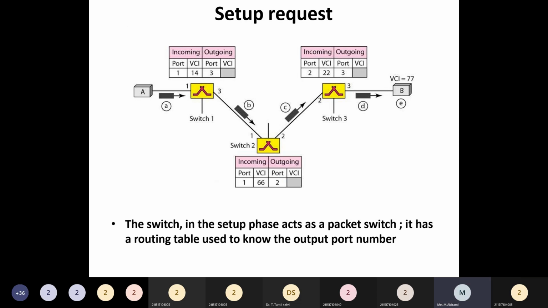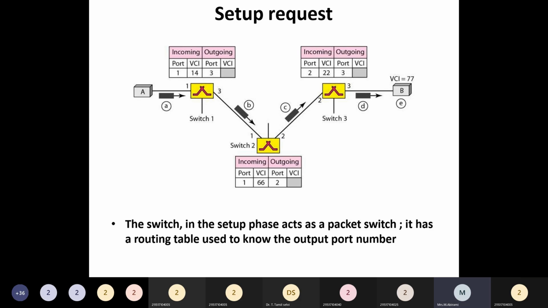The figure also represents how to set up the request. Here the receiver gets the data using the addressing manner. Okay, so this is the packet format used in a virtual circuit.